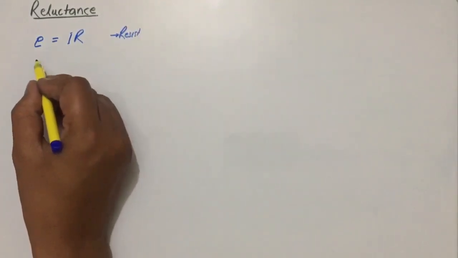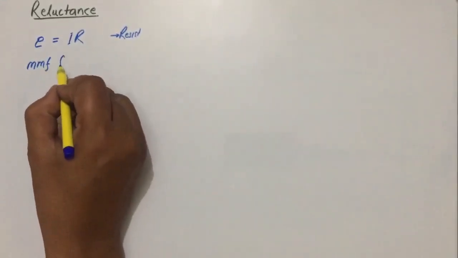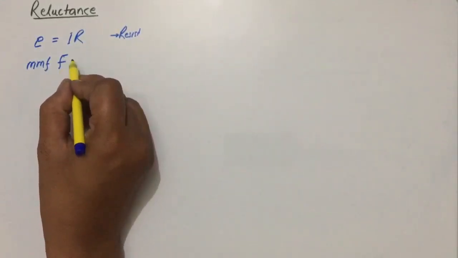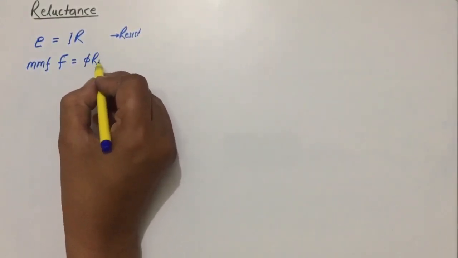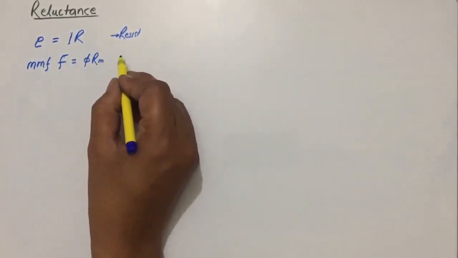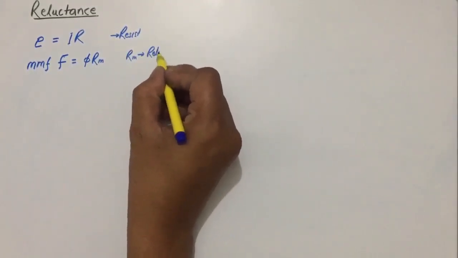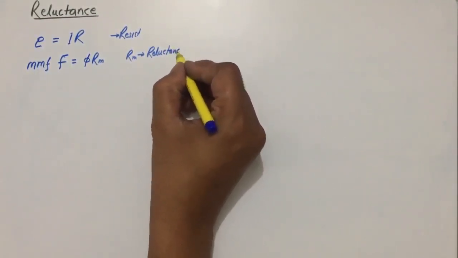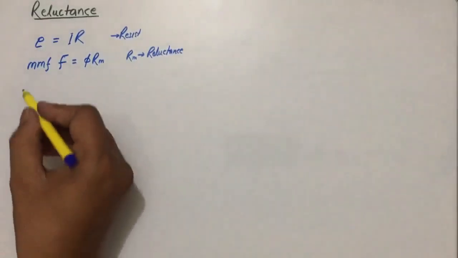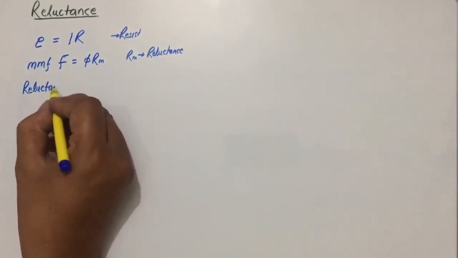Similarly, in a magnetic field, MMF is defined, which can be represented by F equal to the flux times Rm, that is the reluctance of the material.